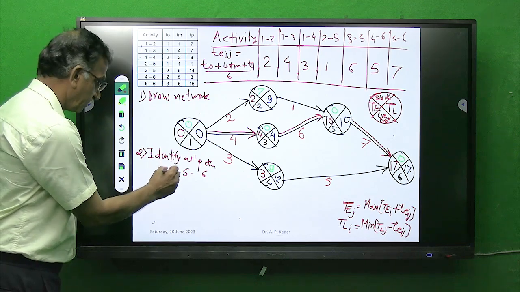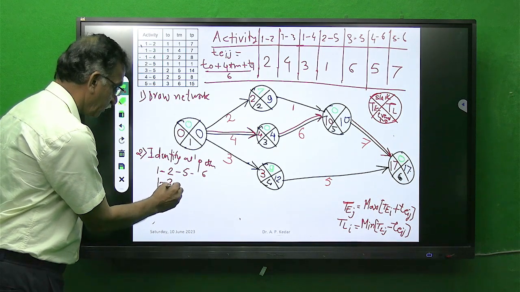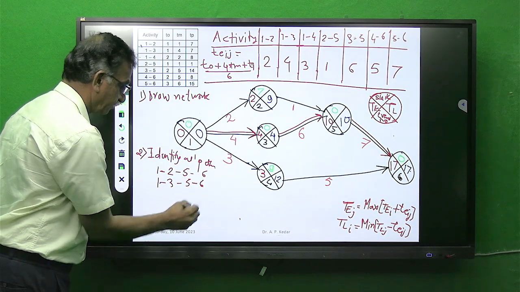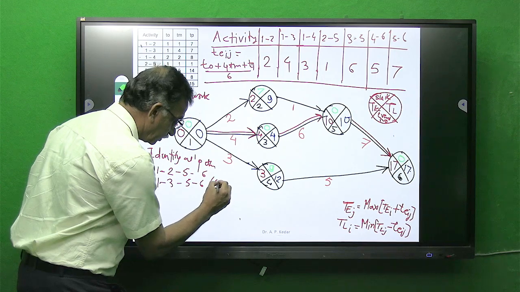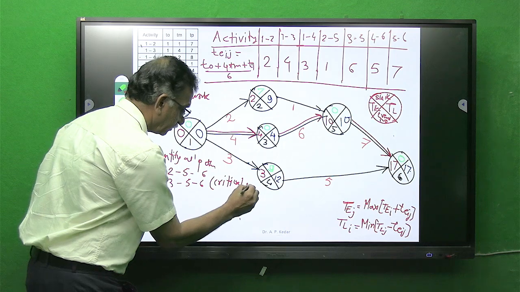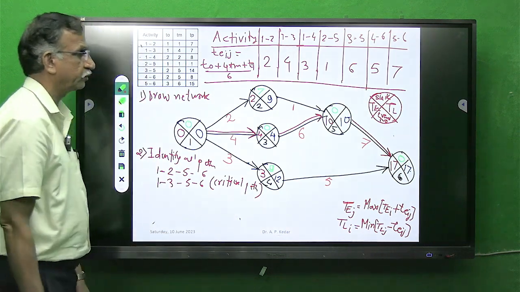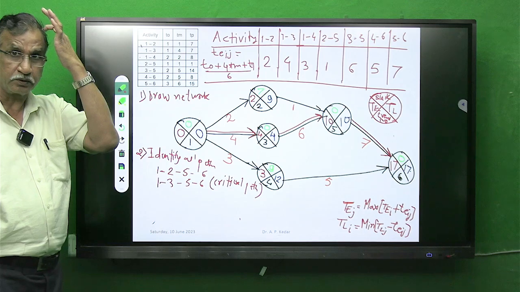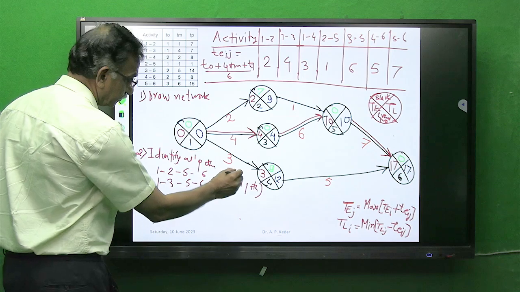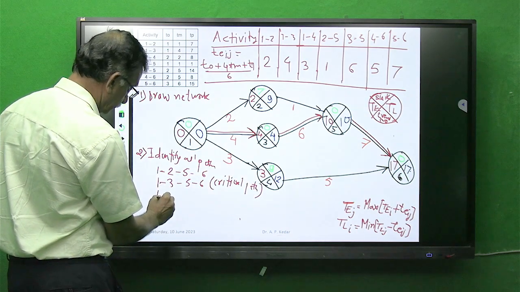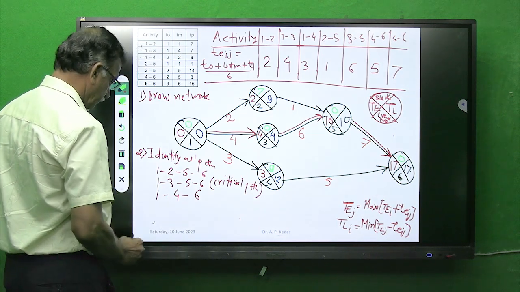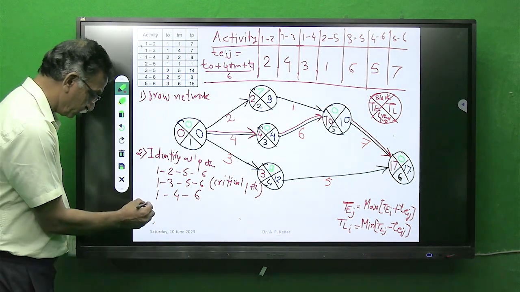Second is 1, 3, 5, 6, and here I will write special, it is critical path. Got it? Third, 1, 4, 6. So this is the answer for bit number 2.